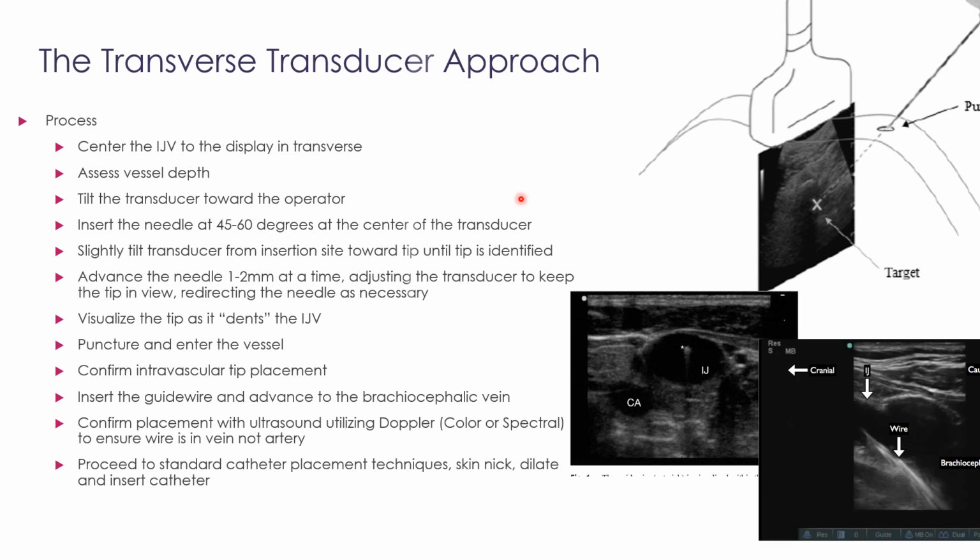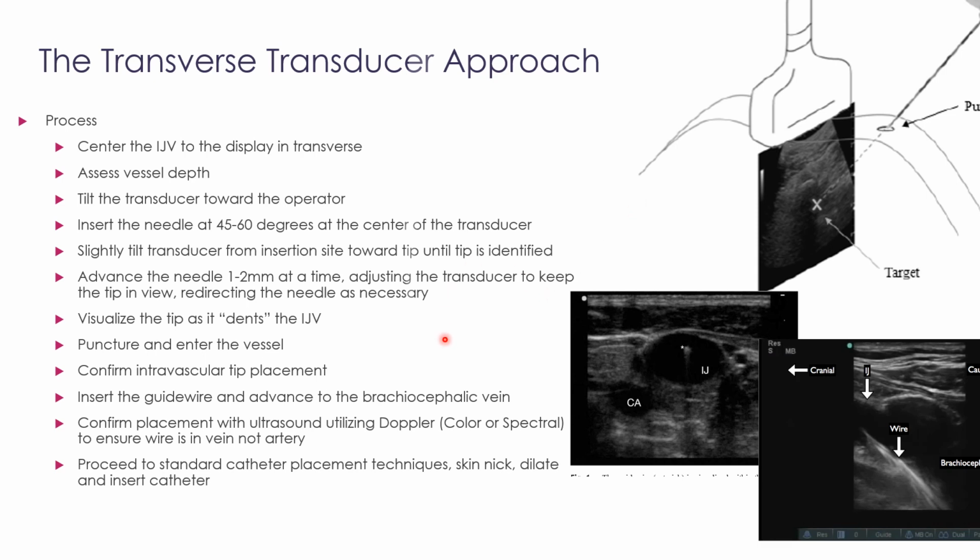Now, as you insert that needle, you should see the tip initially, and then as this tip goes beyond the width of the transducer, you will lose the view of the tip and just see the more central bore of the needle. So it's important to stop the advancement and then angle the transducer slightly, and then advance again and angle the transducer, so that you're always trying to keep that tip within your field of view.